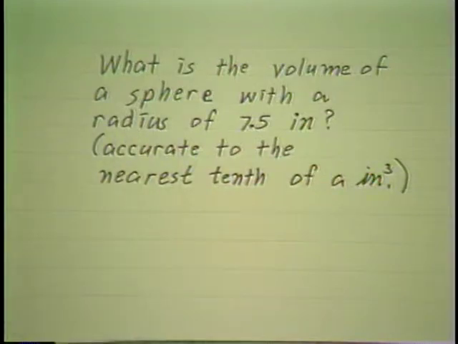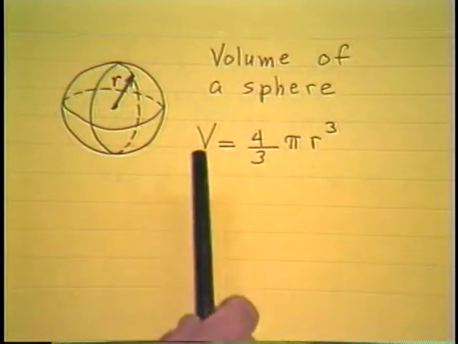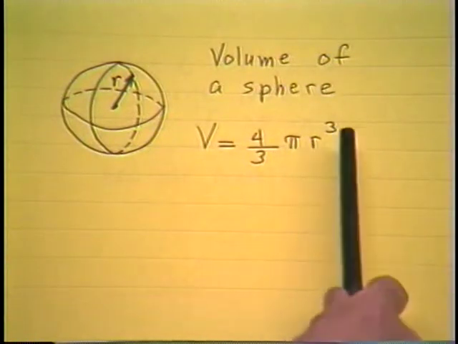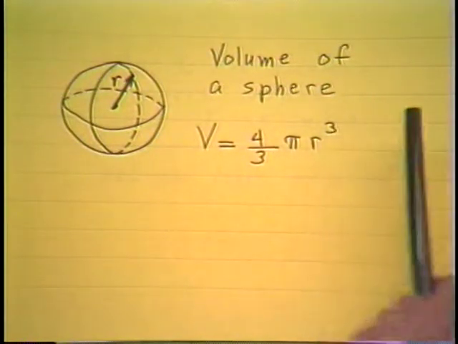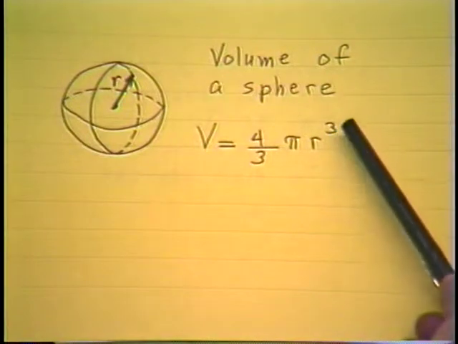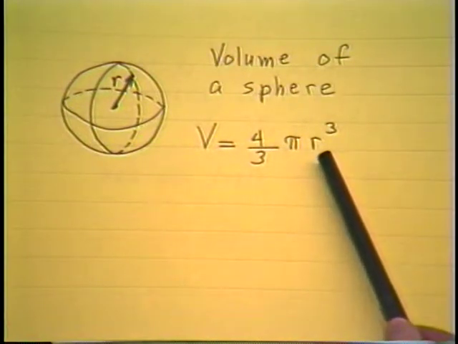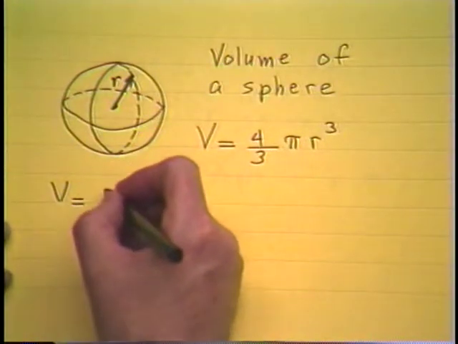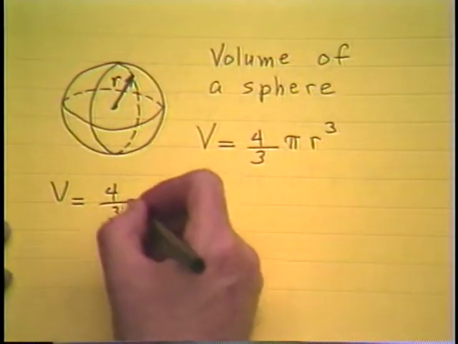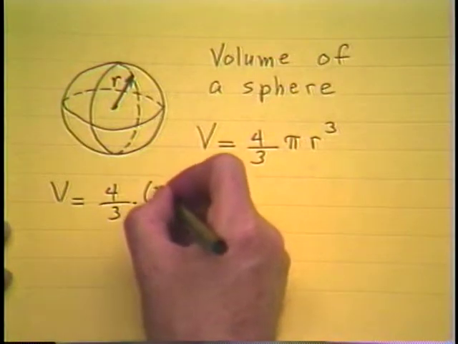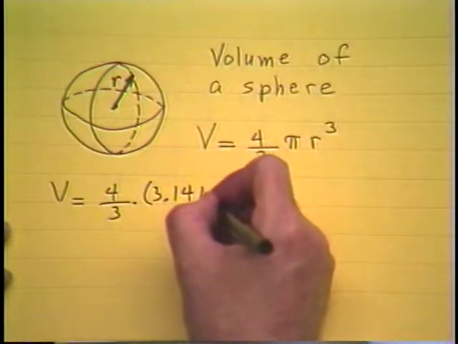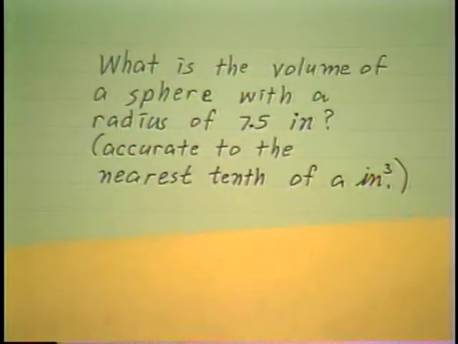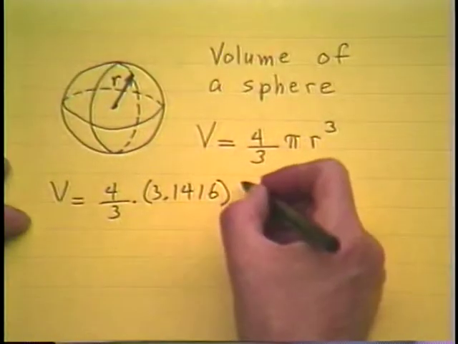In doing so, we would get the formula: volume is 4/3 times pi times radius cubed. Now remember what this exponent means? Take 3 of those and multiply them together. So in our particular problem, we would have volume is 4/3 times pi times the radius, and the radius was 7.5 inches.